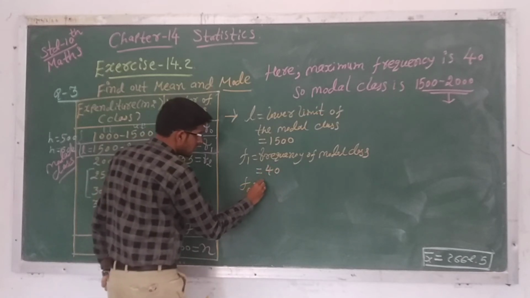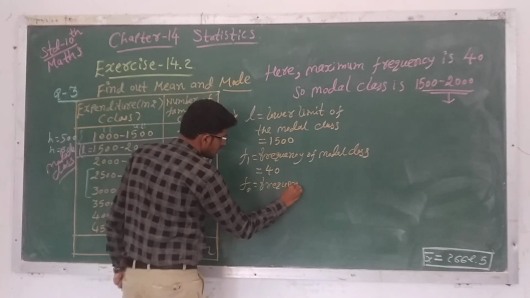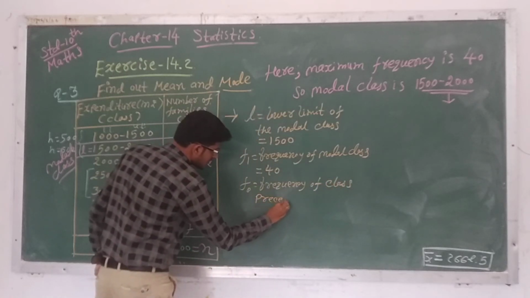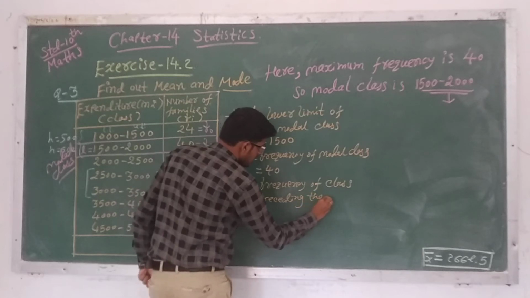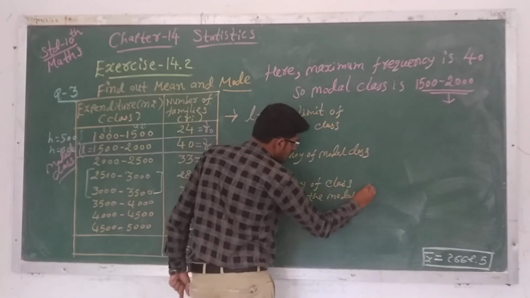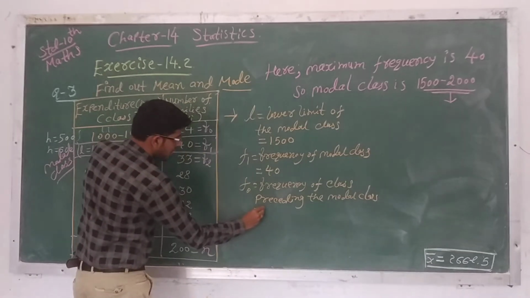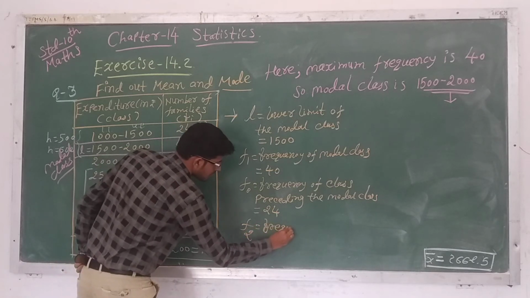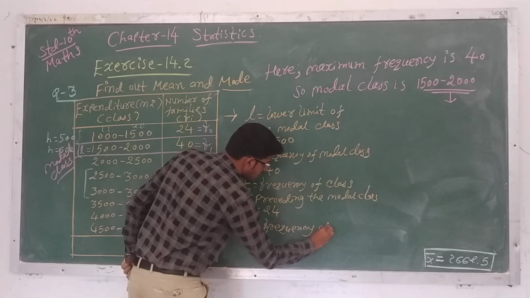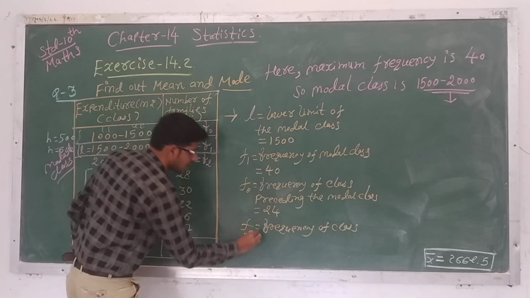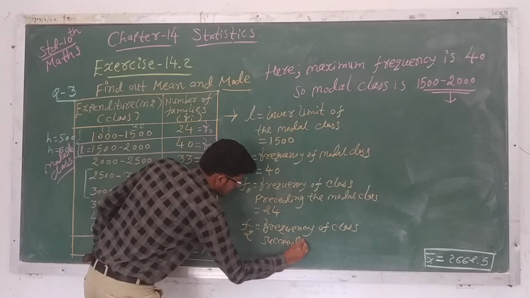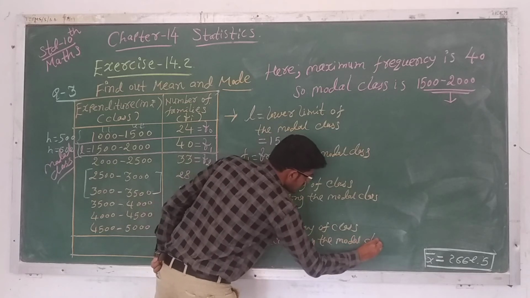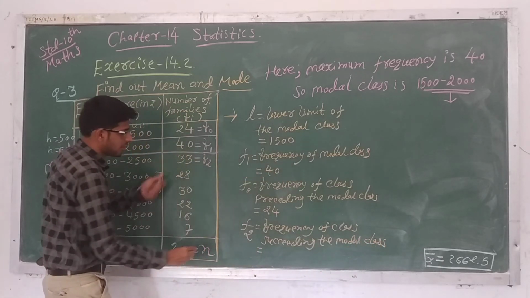F0 is equal to frequency of class preceding the modal class is equal to 24, and F2 is equal to frequency of class succeeding the modal class is equal to 33.